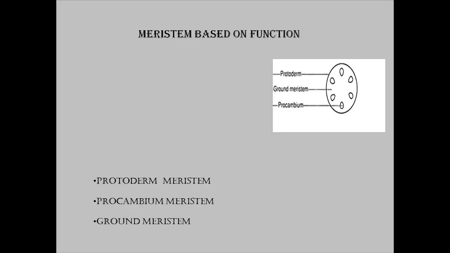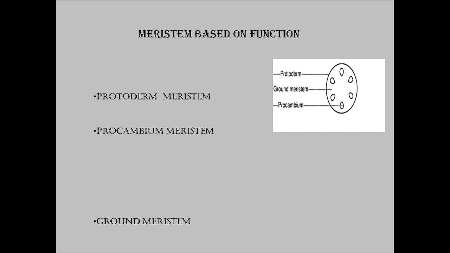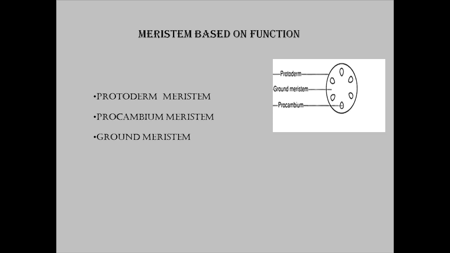So next is the meristem based on function. They are again categorized into three types: protoderm, procambium, and ground meristem. So first, what is protoderm? If you imagine a root or stem, imagine the outermost covering of the root or stem.